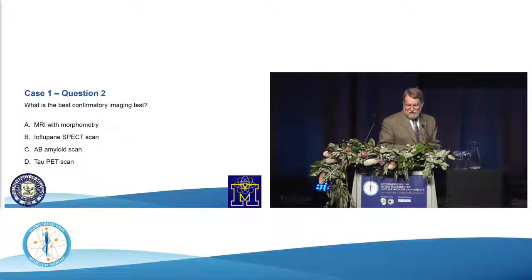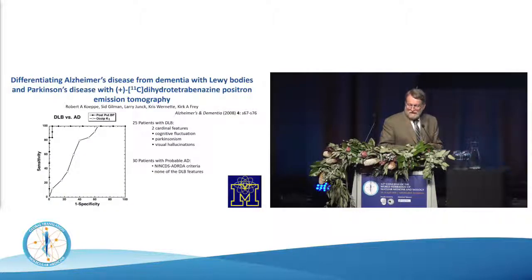Similarly, an amyloid scan in this case is not going to distinguish between the major competing diagnoses of Alzheimer's versus Lewy body dementia. Both can be amyloid positive. Tau PET is really a research tool at the present time. So ioflupane is right.